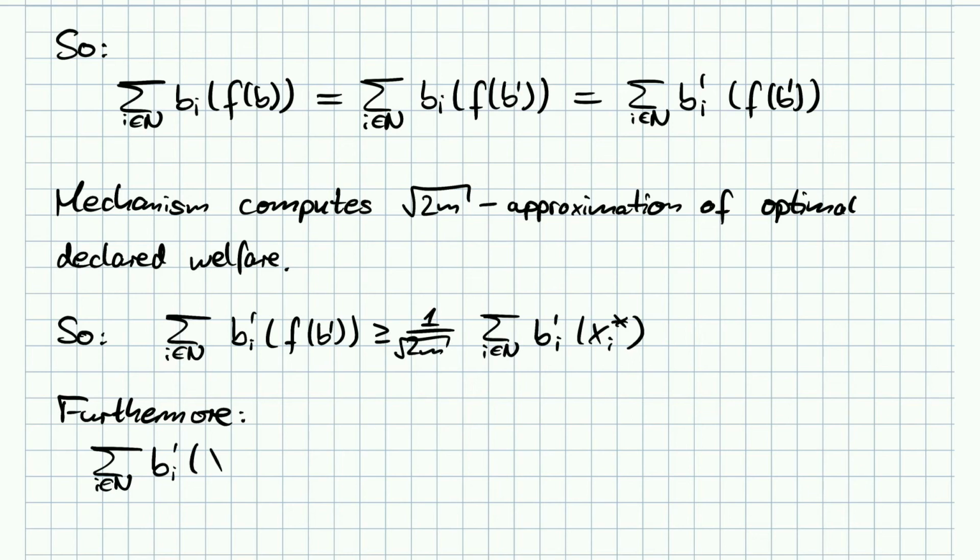b_i prime of x_i star, well, what was that? That was the maximum of b_i of x_i star and the critical bid for x_i star.